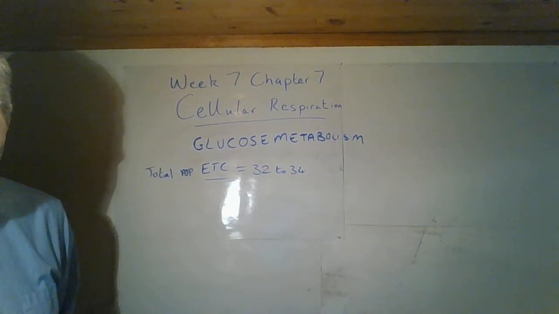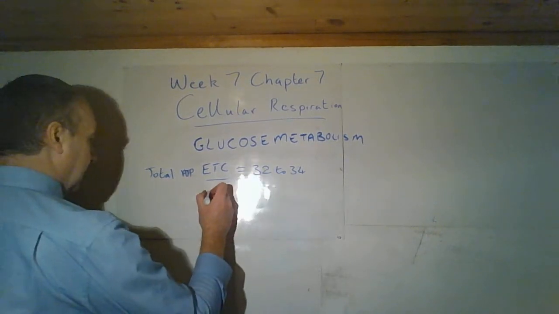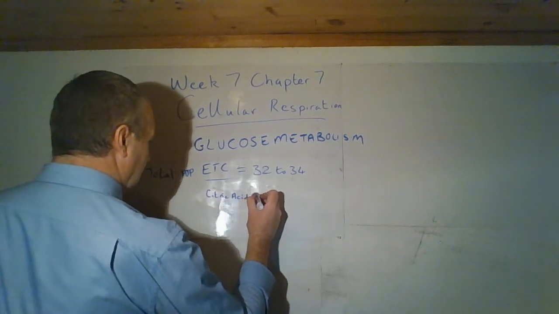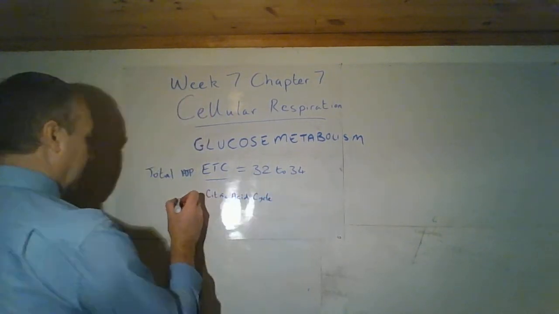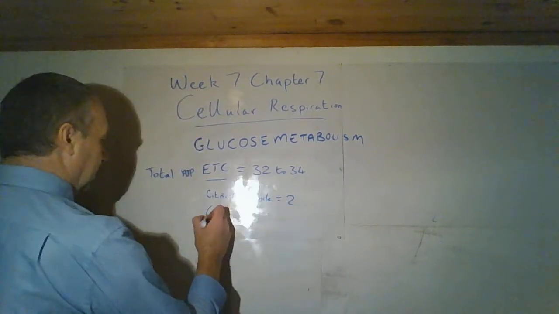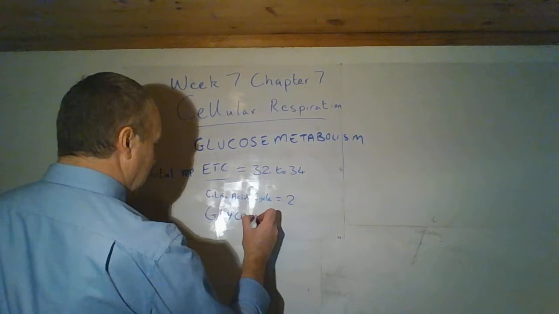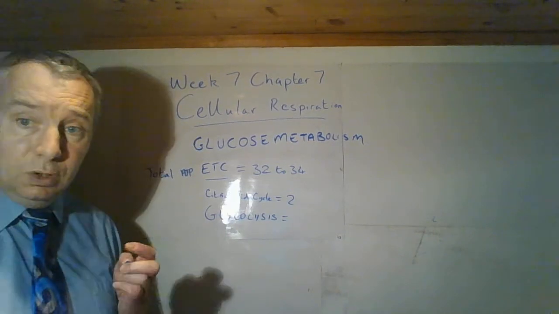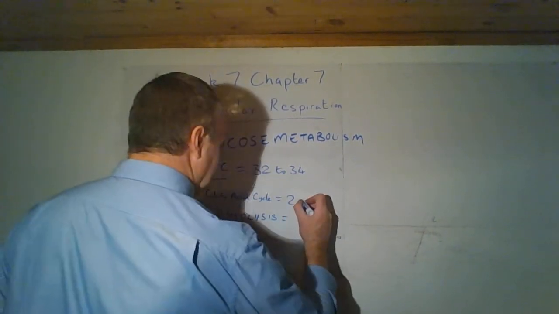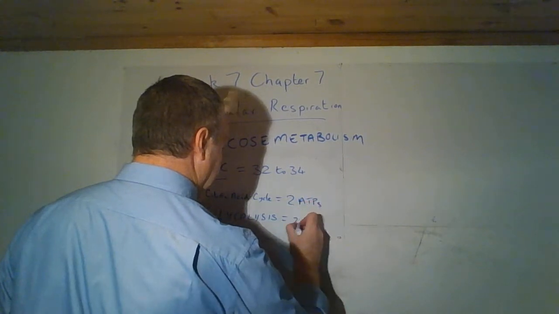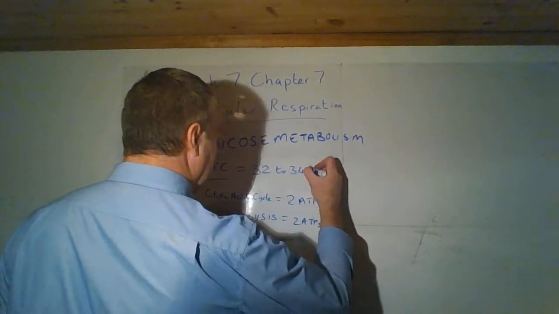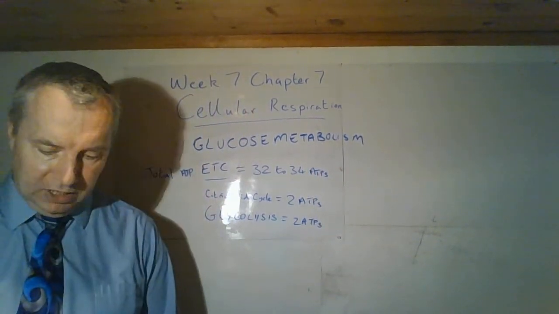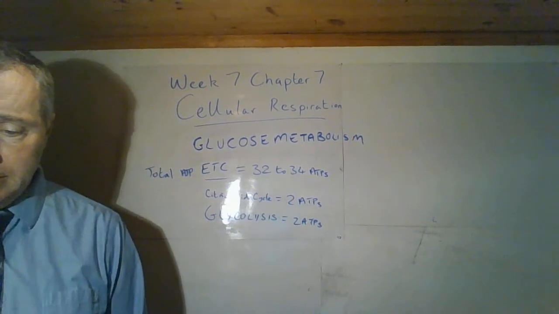And for the citric acid cycle, and that's that wheel that I showed you earlier, it's just 2. And glycolysis, when you split that glucose into 2 pyruvates, you just get 2 ATPs. So the electron transport chain is the big producer of ATP in our bodies.